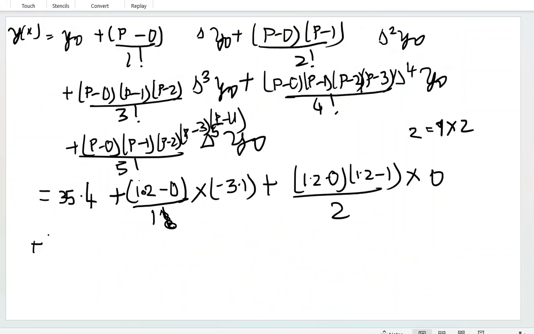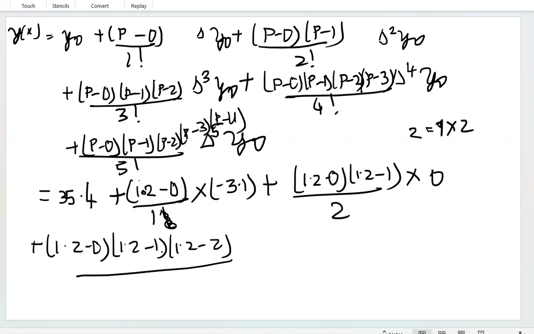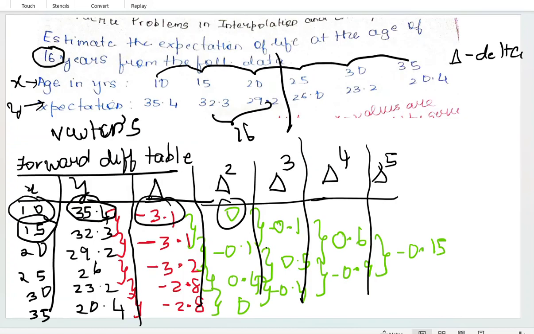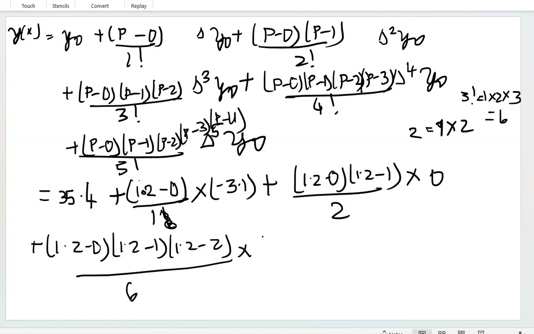Then you get 1.2 minus 0, 1.2 minus 1, 1.2 minus 2 upon 3 factorial, which is similarly 1 into 2 into 3, the answer is 6. Delta cube y naught is what? Minus 0.1, the first value in the delta cube column.